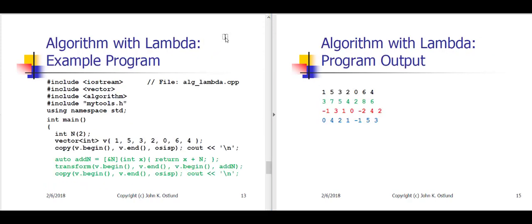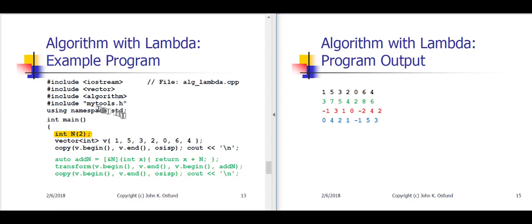Okay, so finally let's take a look at how we can use lambdas with algorithms. On slides 13 and 14, we have a small example program, and the output is shown here on slide 15. So let's walk through this example. Here I have a local variable named capital N, initialized with a value of 2. I have a vector of int, v, that's initialized with 7 values.